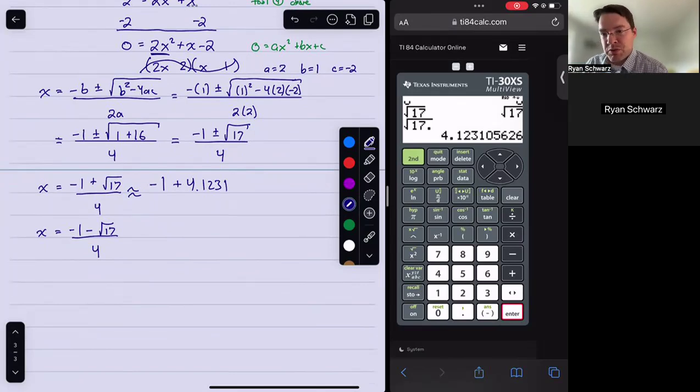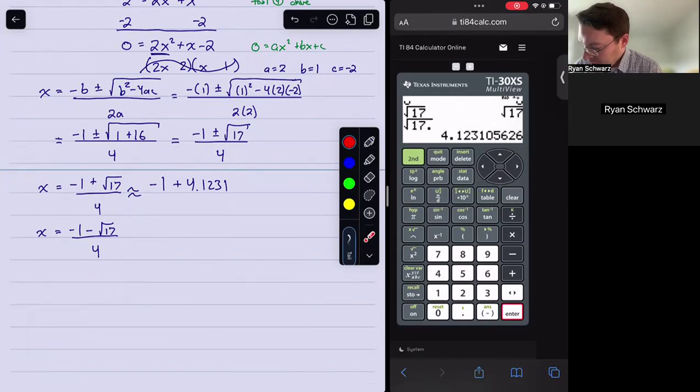I'm just rounding to the 4th decimal place. And since the digit after the 1 is a 0, I'm not going to round the 2 up. It's just going to stay as is. And this is all over 4. So if I do -1 plus that, that'll reduce it by 1, giving 3.1231, and this is all over 4.